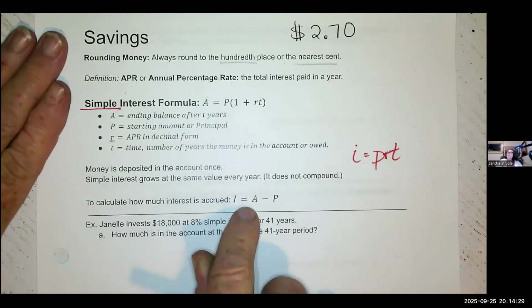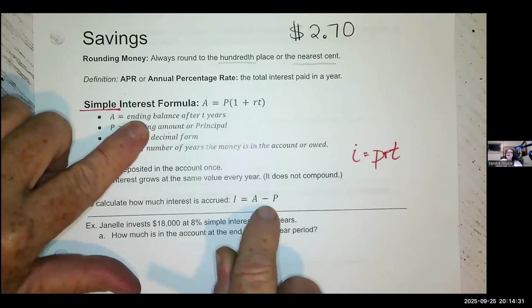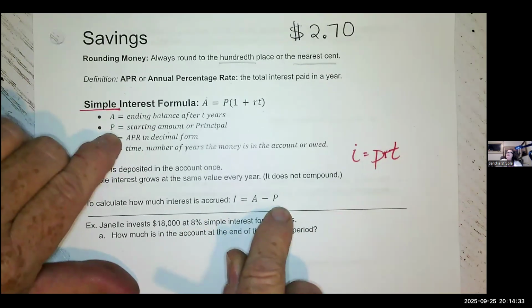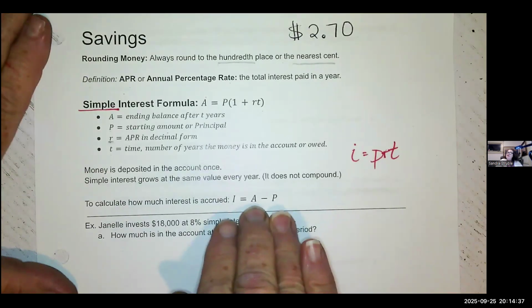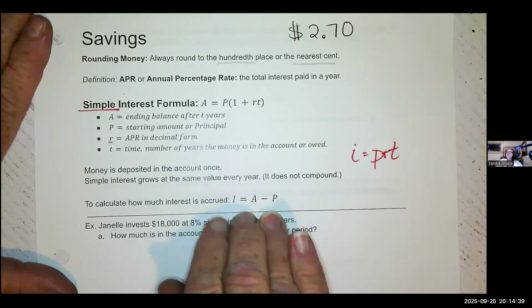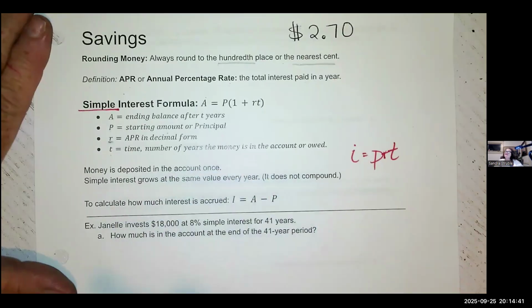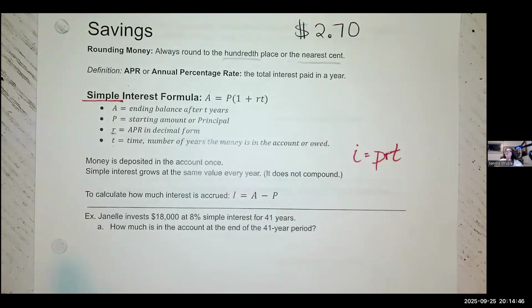The interest is equal to the ending balance minus the beginning balance. That's it. The reason I want you to have this one on your note card is because it's going to be the same one as another one in just a moment, so you'll be able to use it for a couple different options.